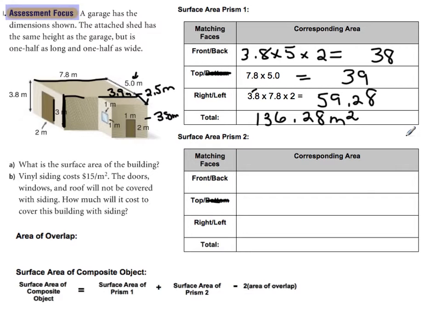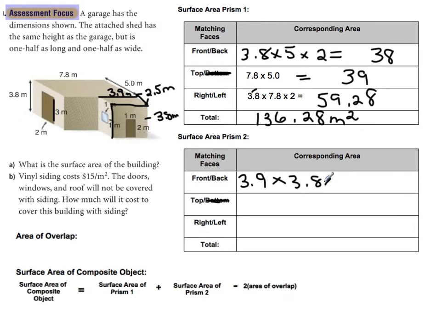So we go on to the surface area of prism 2. The front, and I'm going to erase a few things here because it's looking pretty gross. Okay. So I'm going to call this the front now. So that's my front right here. So it has dimensions of 3.9 by 3.8.